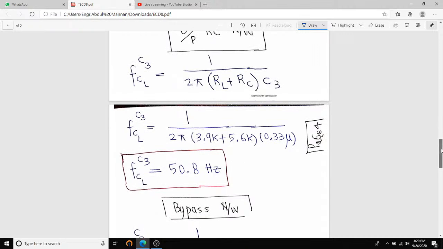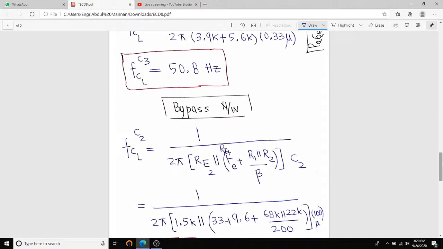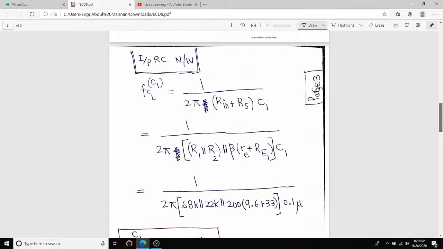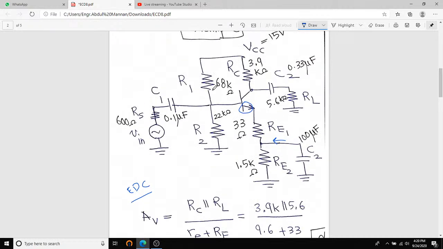And finally, let's compute FCL due to the bypass capacitor, namely C2. Here we studied that the resistance that is seen by looking into the circuit at this point is RE2 in parallel with RE1 plus this small re plus this R1 in parallel with R2, and when taken on the output side they are divided by beta.